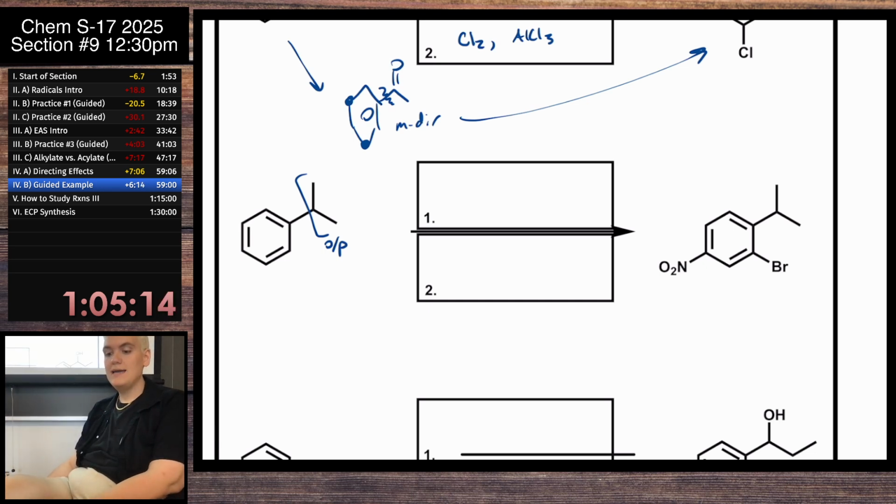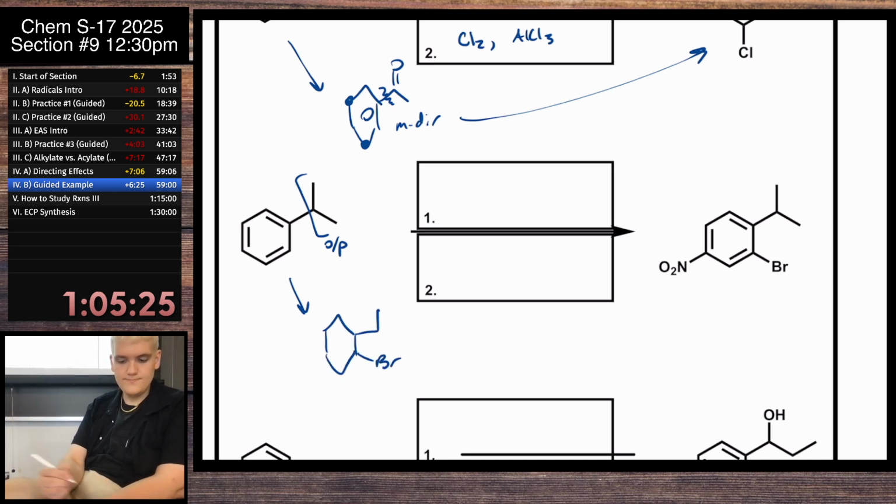Do you want to try the nitro group next or the bromo group next? Let's try it. So if we do our bromo group, we are adding the bromine ortho. And then over here, our alkyl group's still going to be directing ortho and para to it, so it's going to direct in these two spots. But our bromine is also an ortho-para director, right?